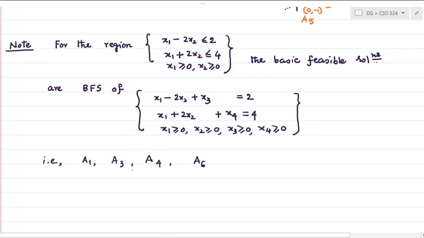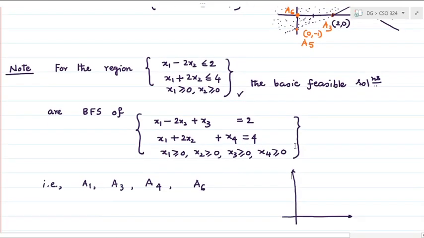And therefore, where are the locations of these points in this feasible set, where all the variables are restricted by the non-negativity restriction? Here we'll just quickly draw it out. This region will be this kind of region.